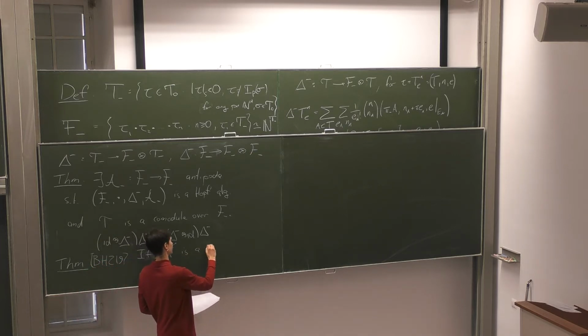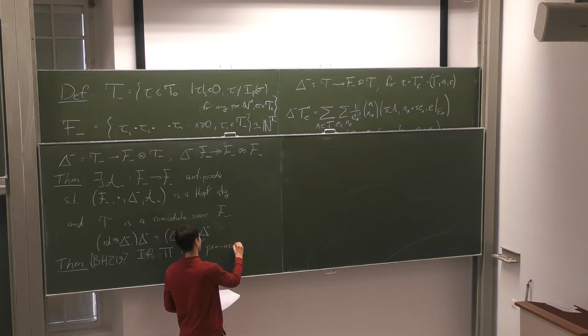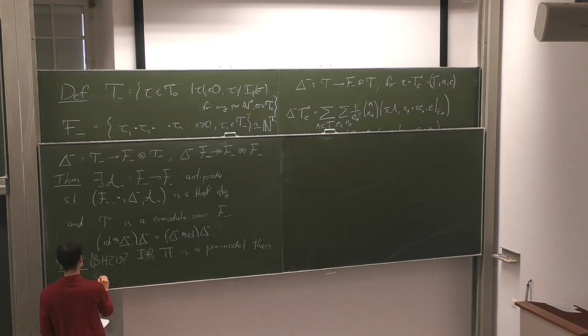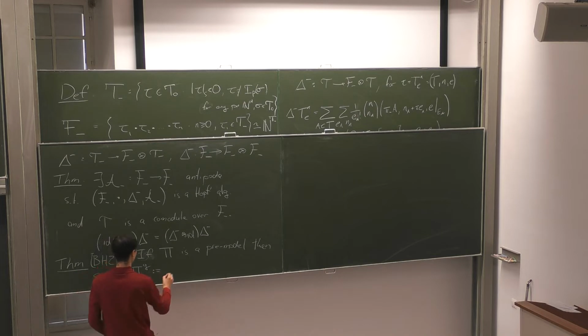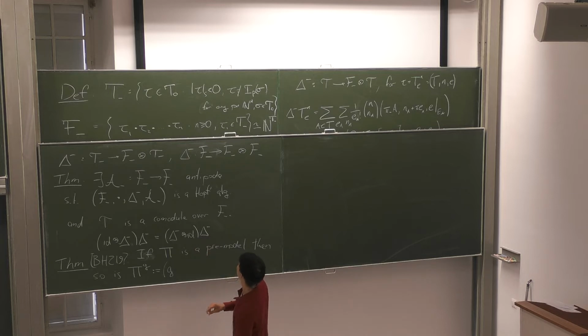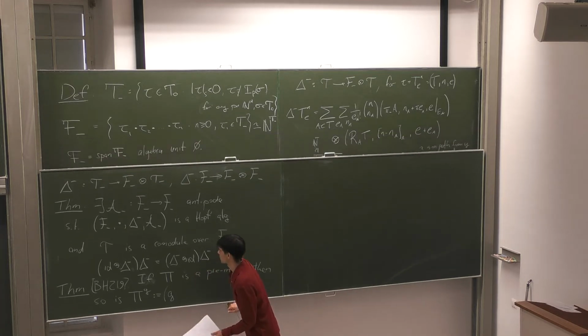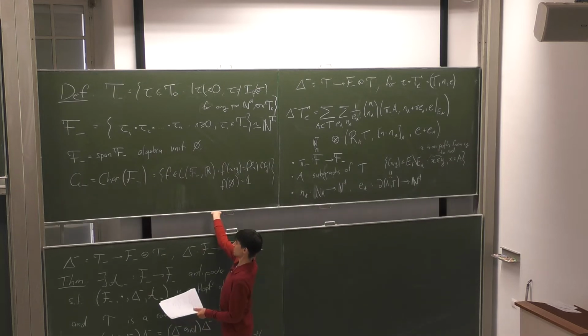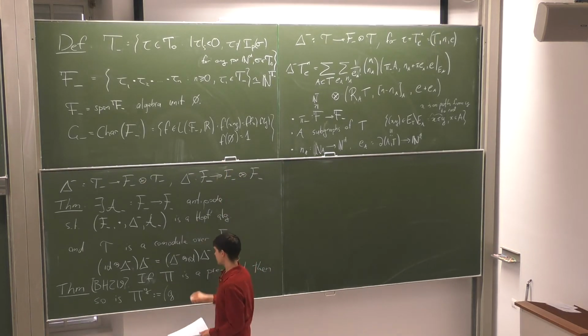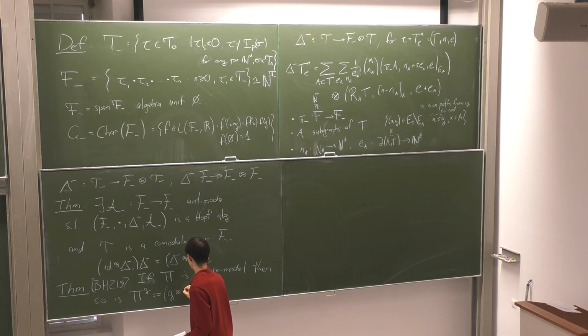Let G minus be the character space of F minus with delta minus.